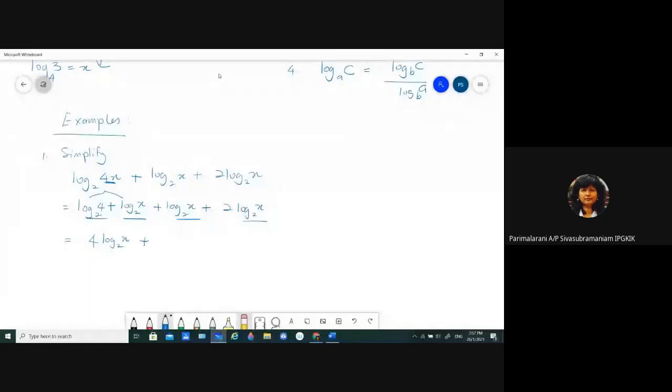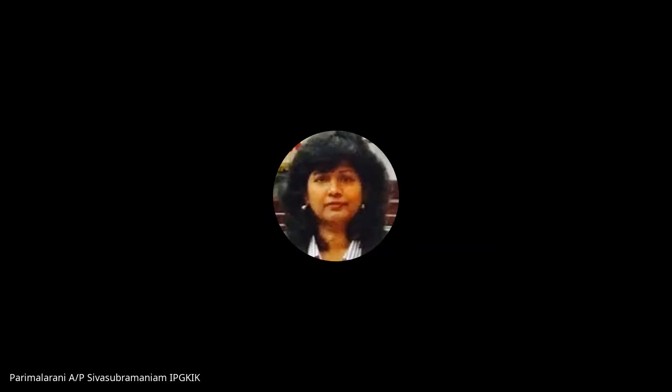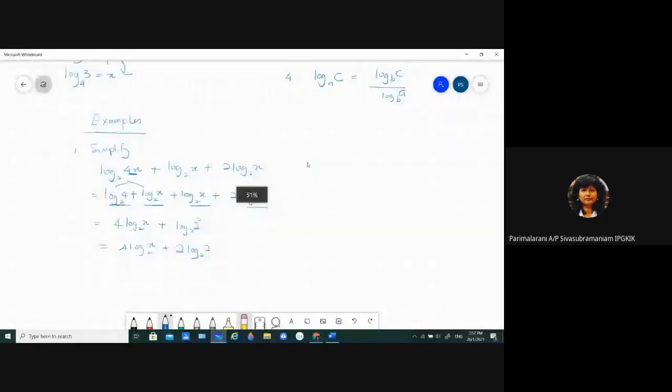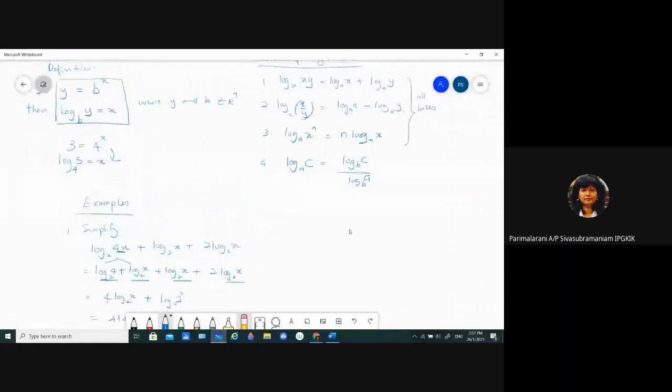And then we have the first term here, log 4 base 2. How can we rewrite that? We can write 4 as 2 to the power of 2. When you have a power, you can bring it to the front, and we have log 2 base 2.